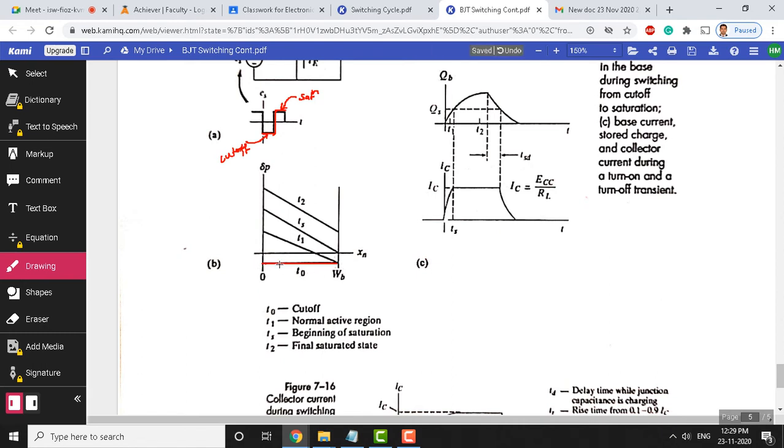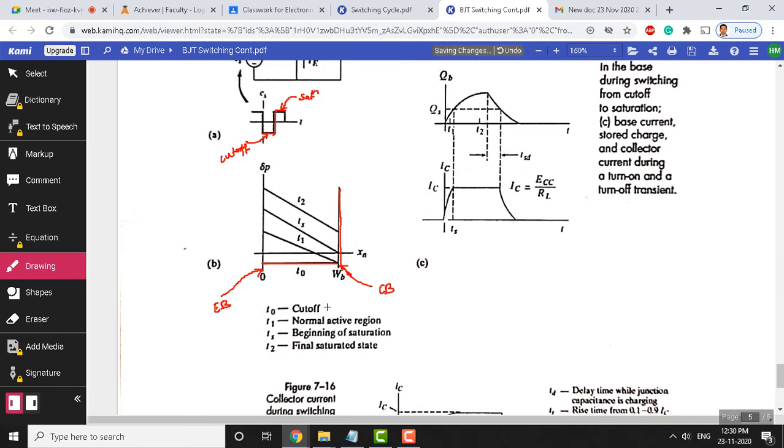So, you can see that there is no excess hole density at both the emitter base junction and the collector base junction. This is the edge of the emitter base junction, and this vertical line indicates the collector base junction, and this complete region is the base region here. Okay.